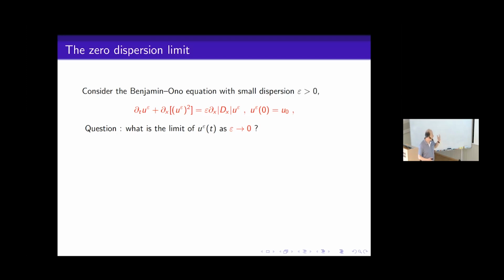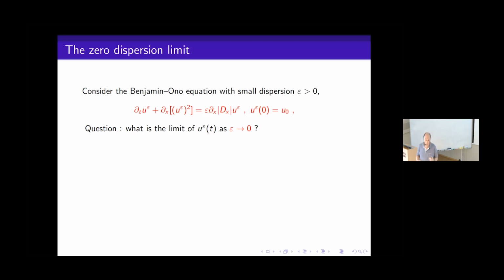So what happens when epsilon goes to 0? How does this u epsilon come close to the solution of the Burgers-Hopf equation? And is the limit, if it exists, really a solution of the Burgers-Hopf equation?